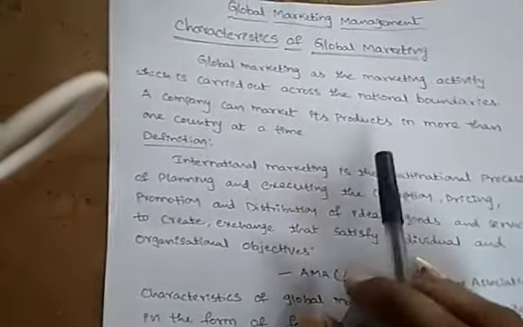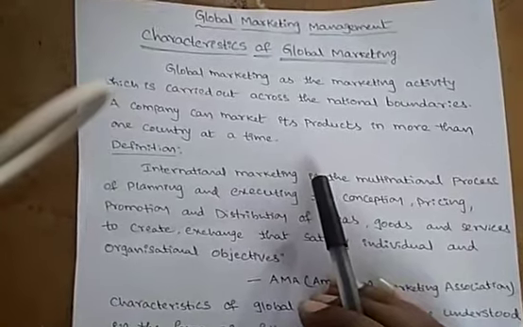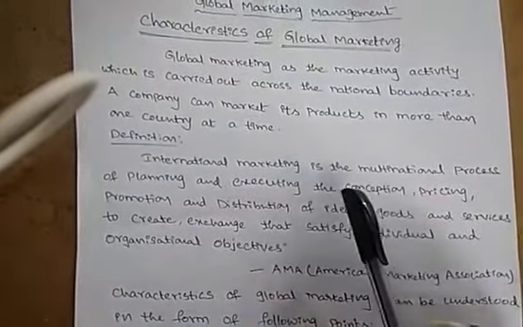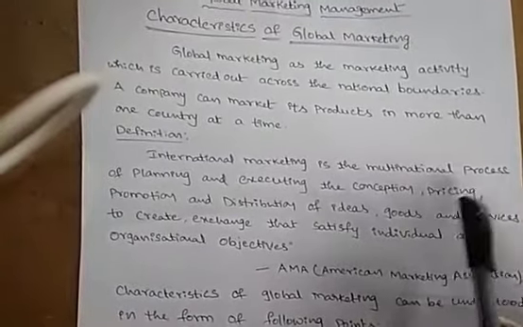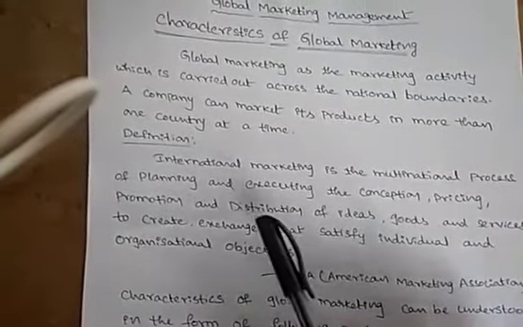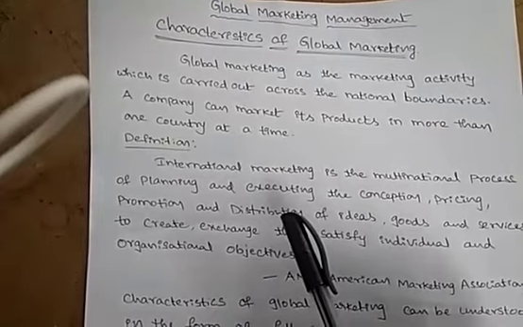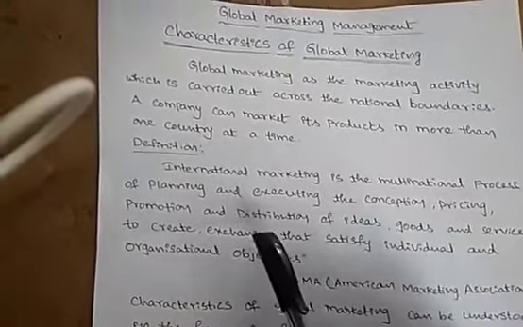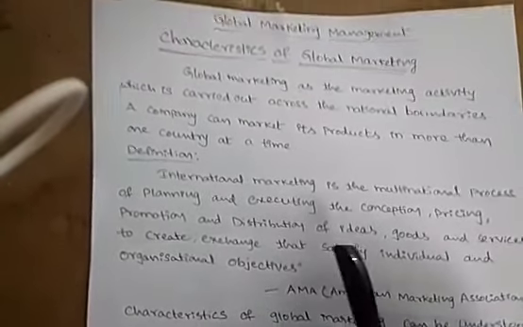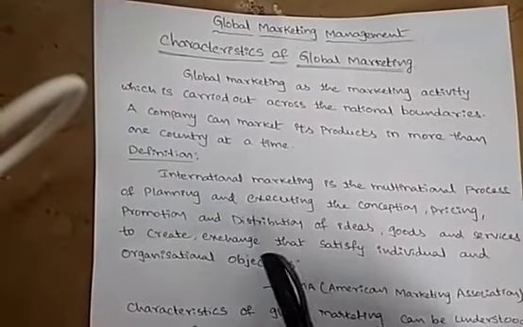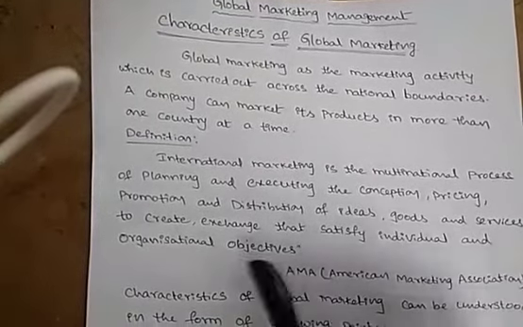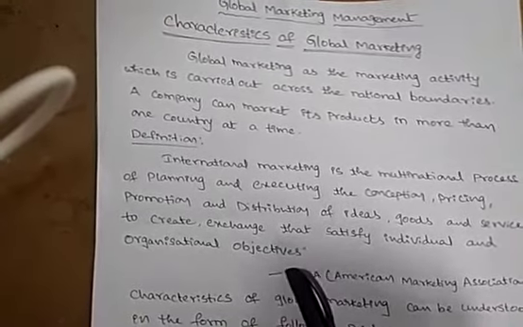Then we go to a definition of global marketing. International marketing is the multinational process of planning and executing the conception, pricing, promotion and distribution of ideas, goods and services to create exchanges that satisfy individual and organizational objectives.